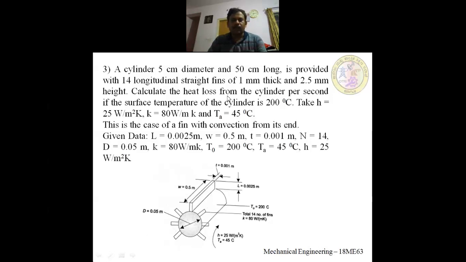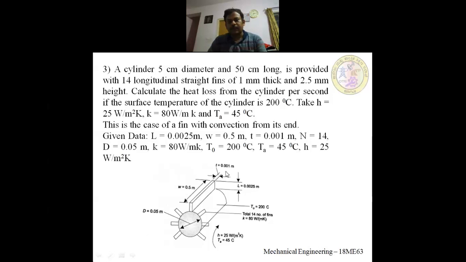In the problem they have told 14 longitudinal fins. The length of the cylinder becomes the width of the fin, and the 2.5 mm height becomes the length, 0.0025 meters, and the thickness of the fin is 0.001 meter.